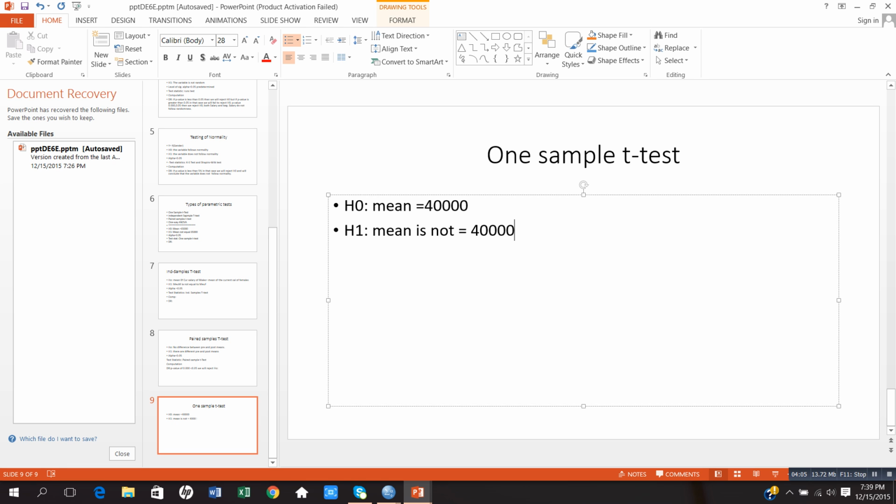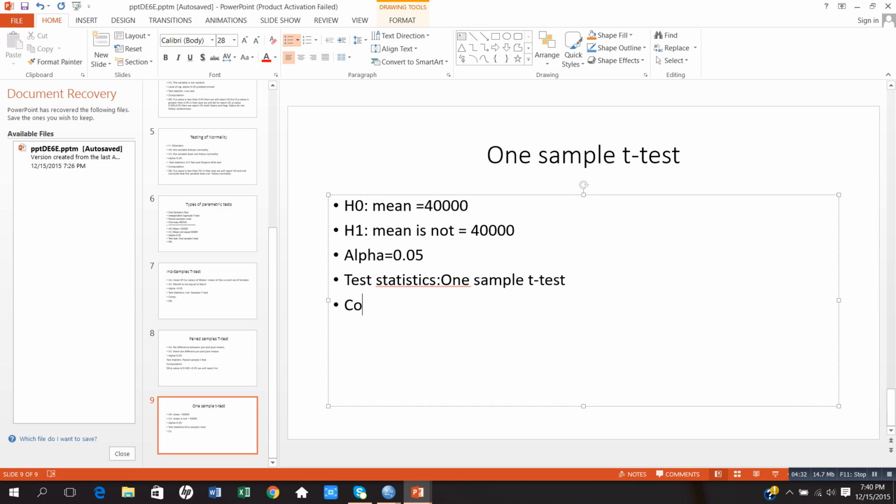My alpha, that is the level of significance, is equal to 0.05, and test statistic is one sample t-test, and there is computation.